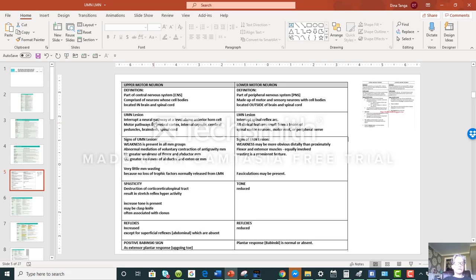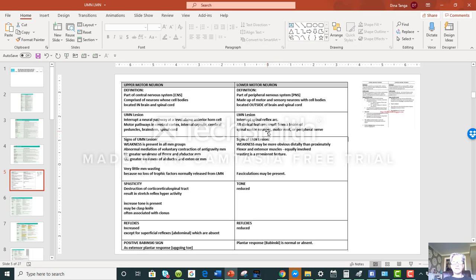The upper motor neuron lesion interrupts a neural pathway at a level above the anterior horn cell. Motor pathways in the cerebral cortex, internal capsule, cerebral peduncles, brainstem, and spinal cord. The lower motor neurons interrupt a spinal reflex arc.